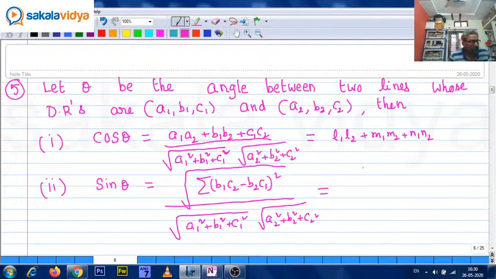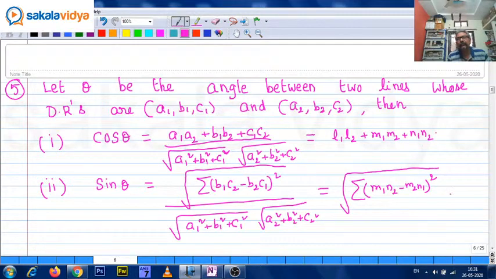For example, here the direction cosines are l1 m1 n1 and l2 m2 n2, so that is equal to the square root of the sum of (m1 n2 minus m2 n1) whole squared. So using these two formulae, we can find the angle between any two lines, if the direction ratios are given, even if direction cosines are given.